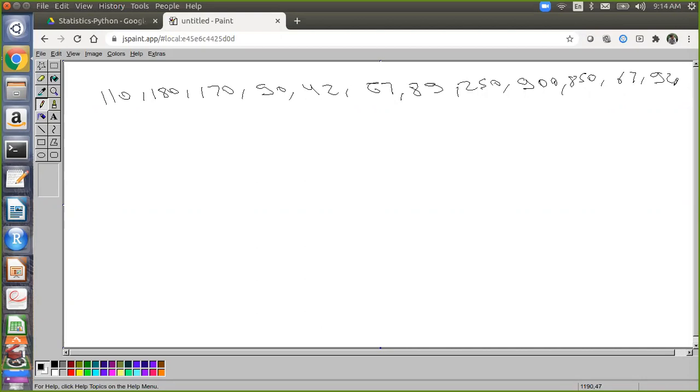It's an even number, so you have calculated, and finally you have found the 5 number summary. Okay, yes. So Kishle, yes, correct.